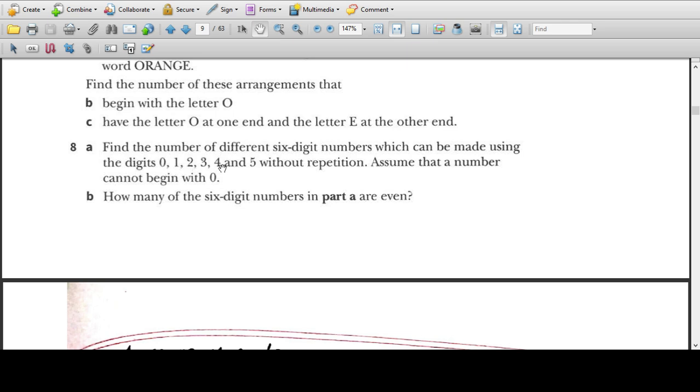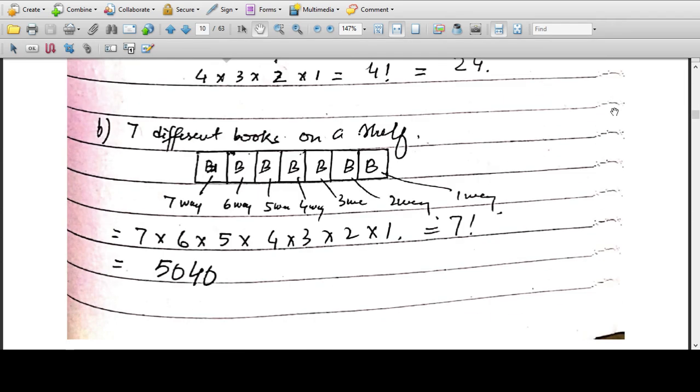So the number cannot begin with 0, a 6-digit number has to be started. So for the first place, 0 is not possible. Part B: how many of the 6-digit numbers in part A are even? So this is part B, and for 0 to 5 numbers to form a 6-digit number, the number cannot start with 0.